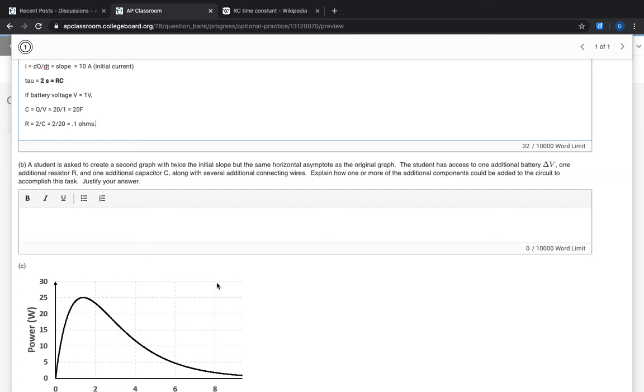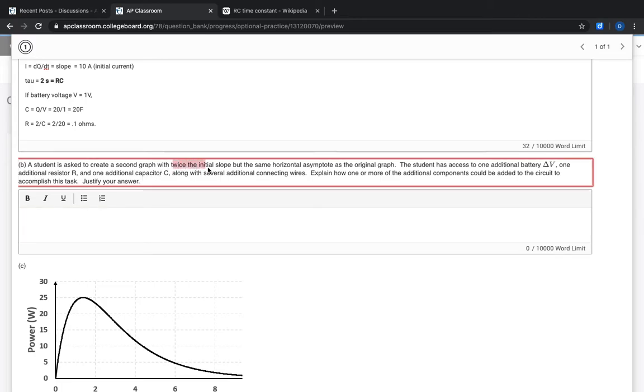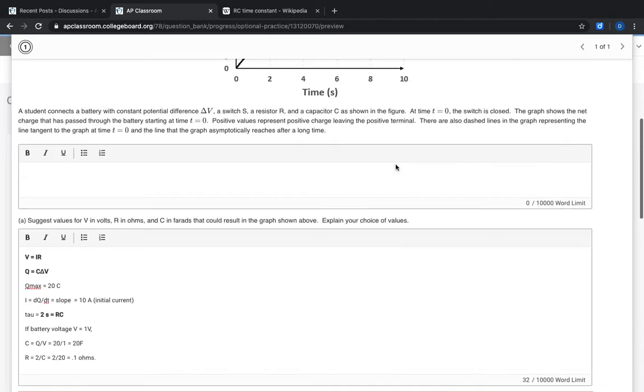Explain how one or more of the additional components would be added to the circuit to accomplish this task. Justify your answer. All right, so what do we want here? We want the initial slope to be twice the value, and we want the horizontal asymptote to be the same as the original. So think about what kind of circuit would do that.